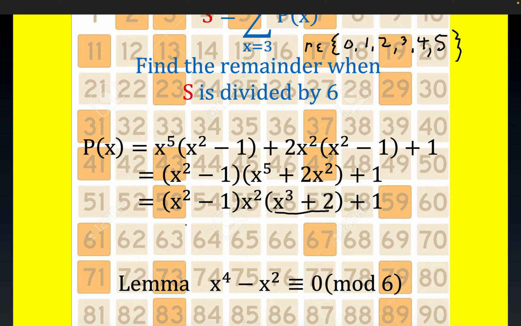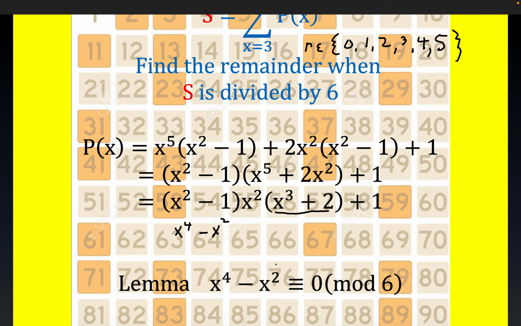So we have to examine this other piece right here, which is equal to x to the 4th minus x squared. This piece is related to the lemma that you see down here. It's equal to it, in fact. This is a very nice result because it's going to make all of this be 0 modulo 6, which means all of that would have a remainder of 0 when divided by 6.